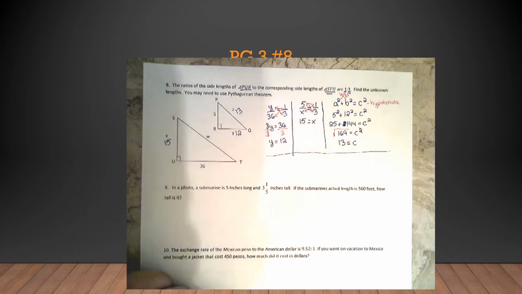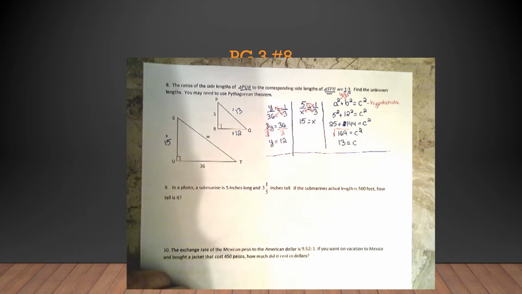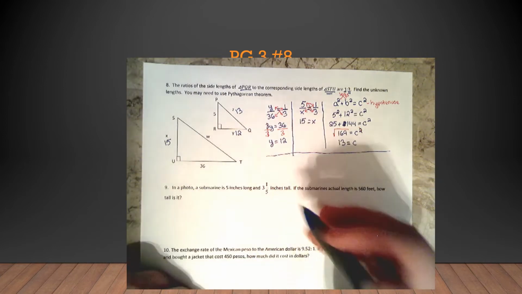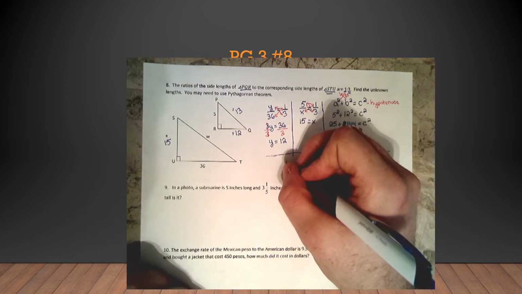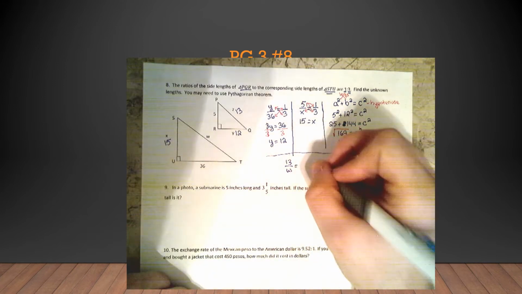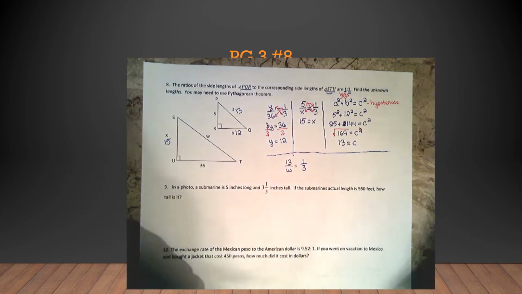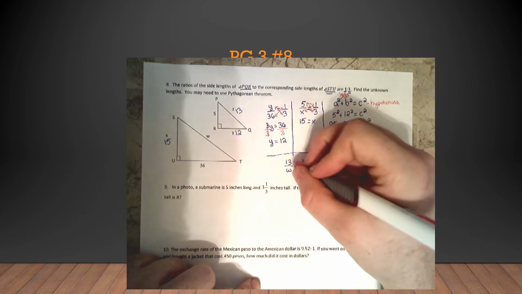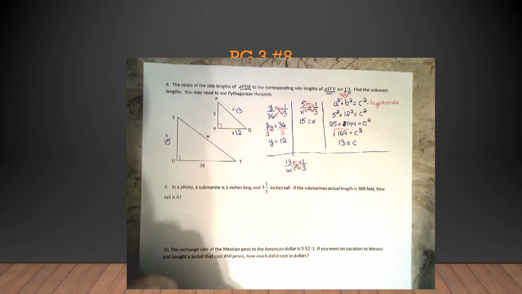Now, we're not done because we haven't found the last length here. If I want to find that length, I could do my proportion. So I would have 13 over W equals the ratio of 1 to 3. Do our cross product, or cross multiplication.